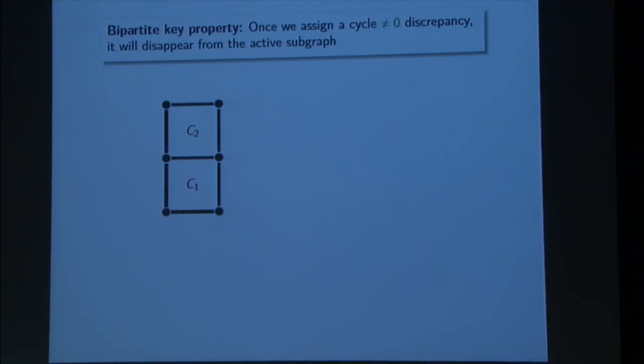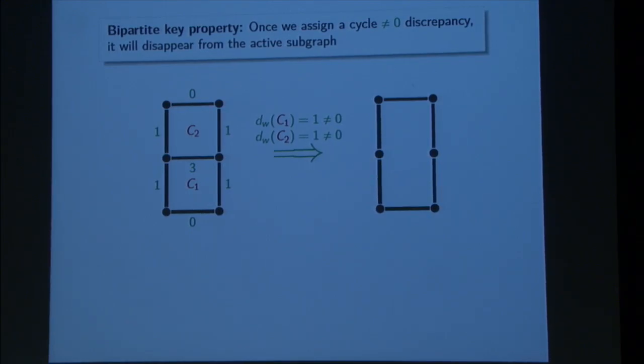And that's the only place where we use bipartiteness. We will see that here bipartiteness is crucial. So the bipartite key property: once we assign a cycle non-zero discrepancy, that cycle will disappear from the active subgraph. Here we removed all the cycles of non-zero discrepancy.